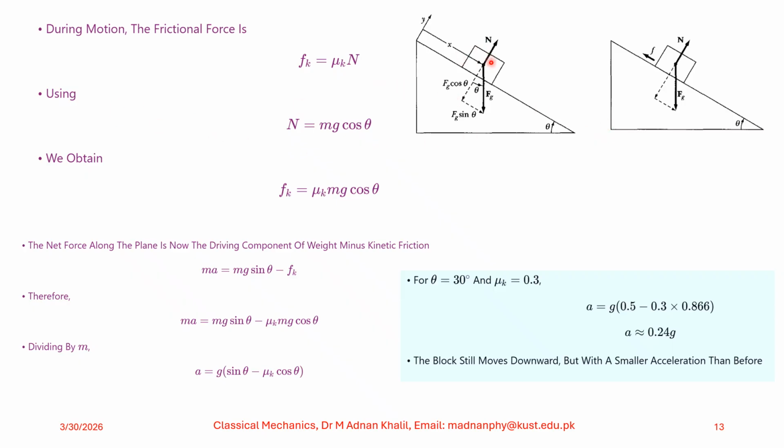Again, the direction parallel to the y direction is motionless. So the normal reaction is balanced out by the mg cos theta component. And if we define the friction in terms of this normal reaction force, it takes the form mu k mg cos theta, by putting the value of N in the above equation.